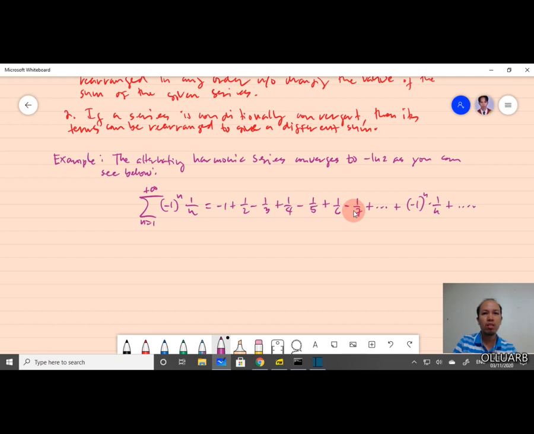Okay, this is convergent and its sum is negative ln 2.